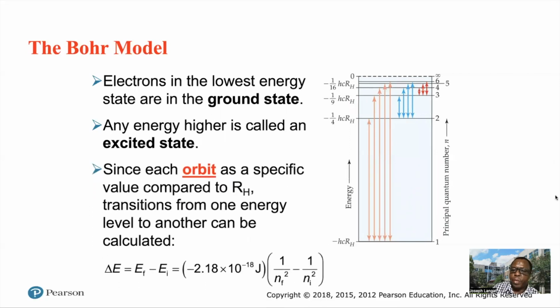The energy difference between energy levels is derived from this equation. This is where it is dropping from, this is where it is dropping to, and this is the constant, negative 2.18 times 10 to the negative 18 joules. Therefore, joules, because we are calculating energy.